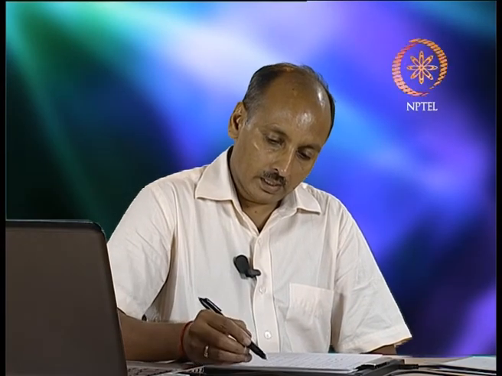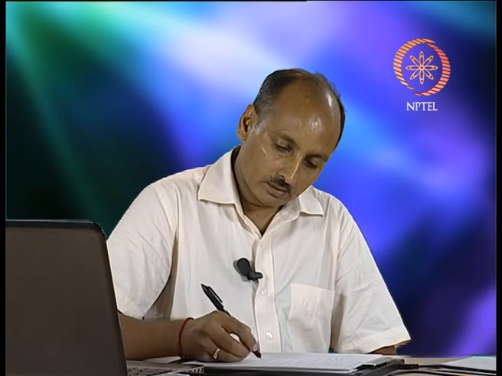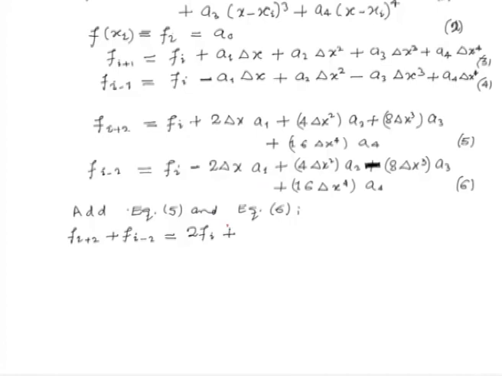See, these a1 and a3 terms vanish. So we get 4 and 4, 8 delta x squared times a2, plus 32 delta x to the power 4 times a4.